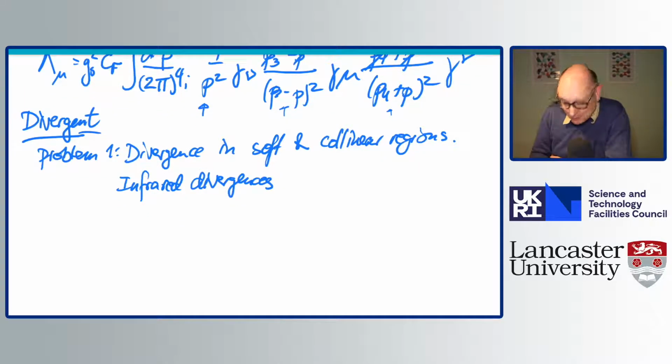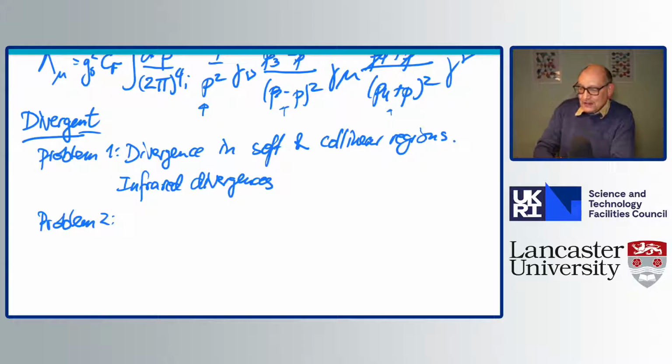Let's look at problem number 2. Problem number 2 is that not only is the integral divergent because the integrand diverges, there's also a contribution for short wavelength that leads to divergent integrals. And that's called ultraviolet divergence.